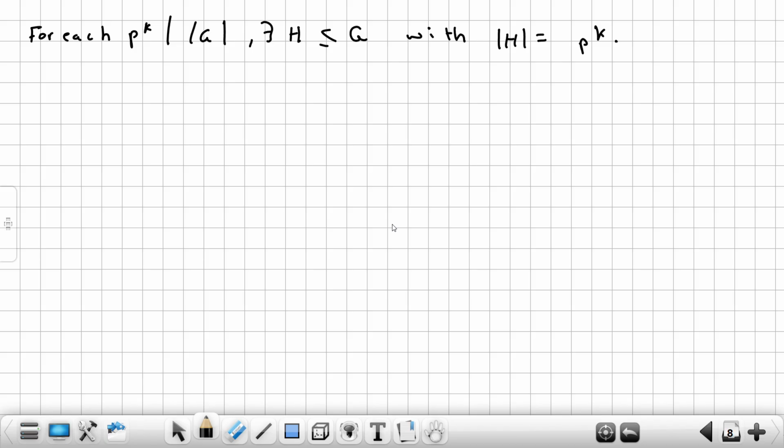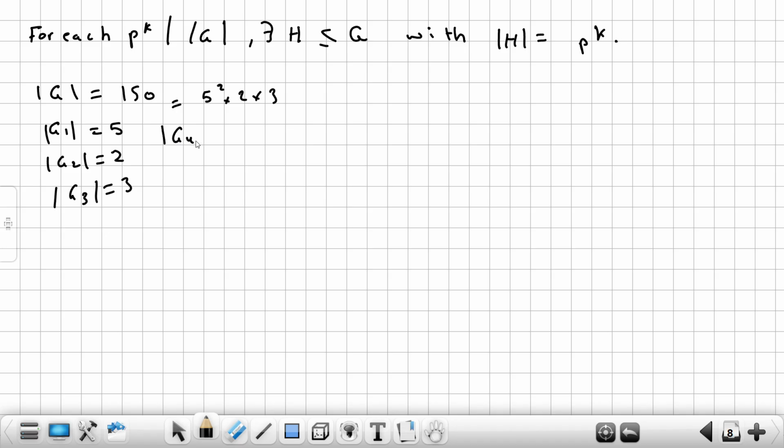Okay. Now if you have the order of G equal to 150, then you have a subgroup of G of order 2, a subgroup of order 3, a subgroup of order 5, and also a subgroup of order 5 to the power 2.